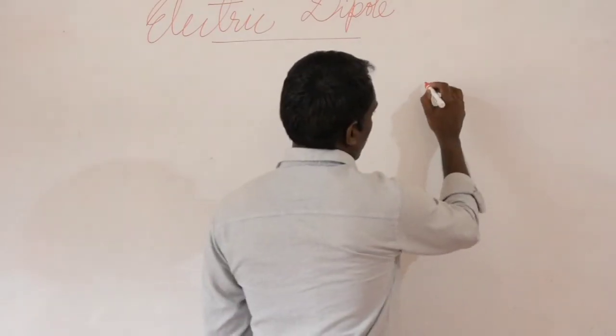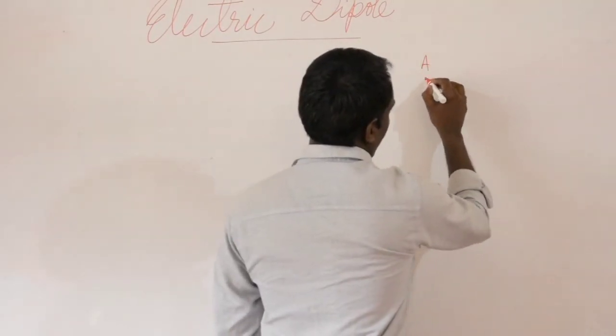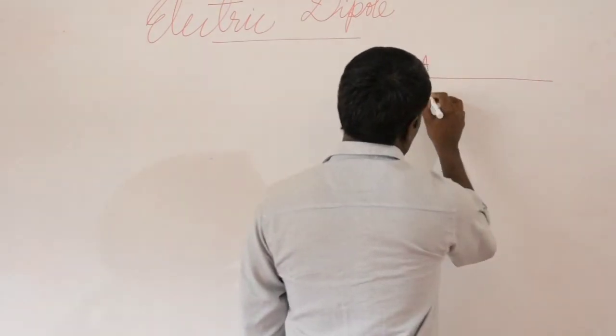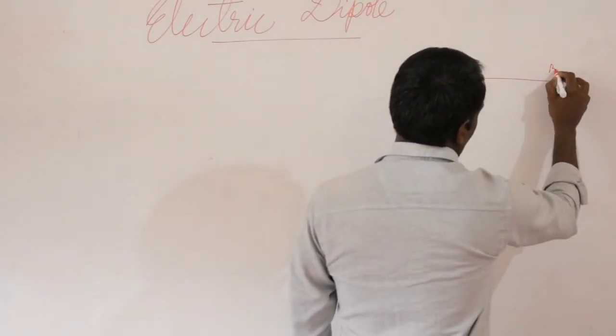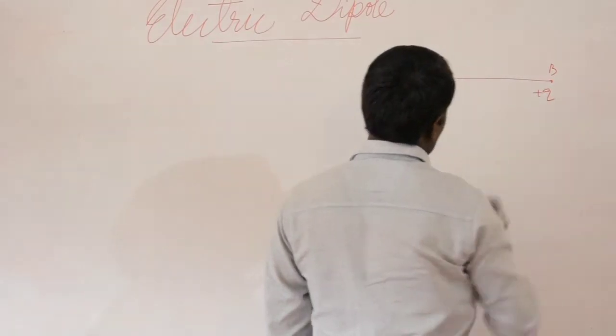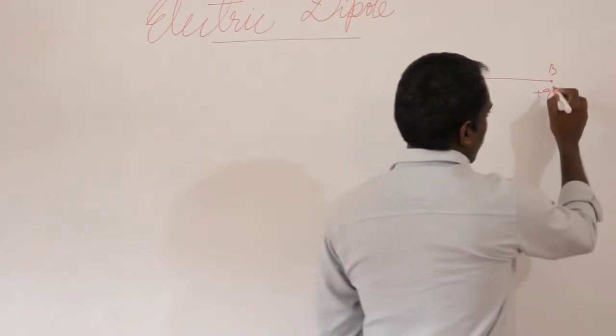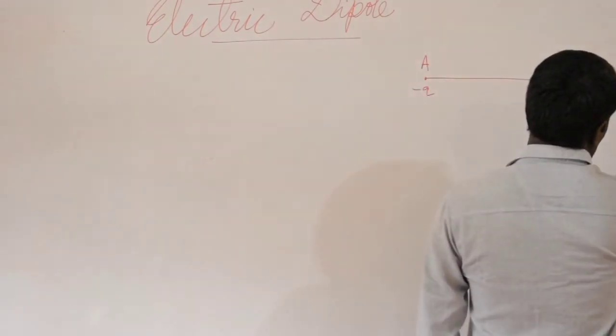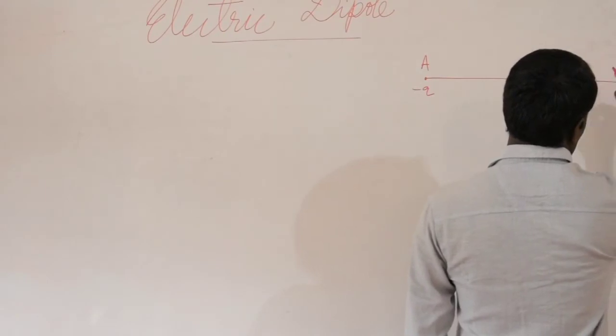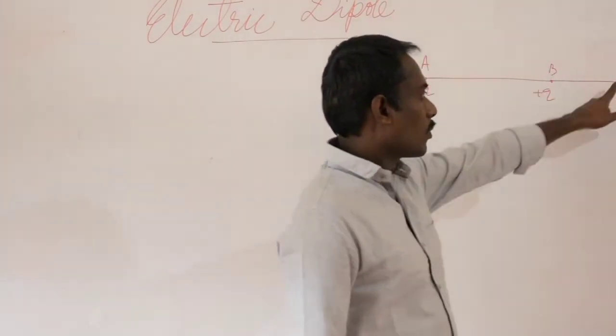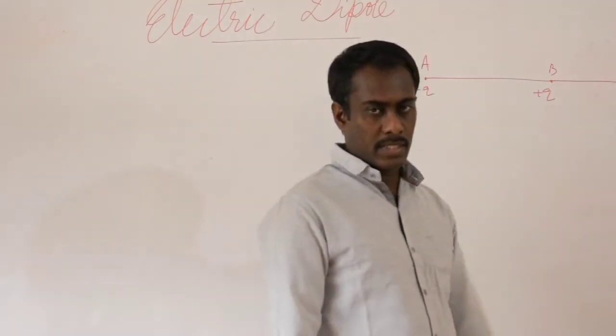As we said earlier, at point A a negative charge is kept, at point B a positive charge Q is kept, and we take a point P on this axial line of the electric dipole.